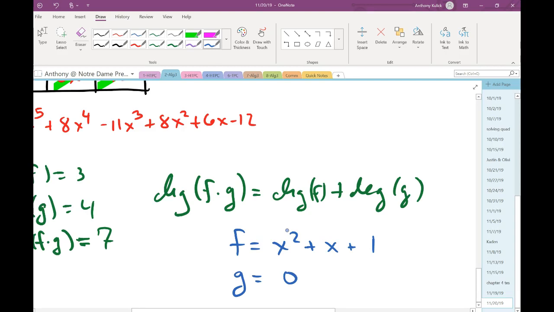That's the only way it would fail, if one of the two were 0, which is not super interesting, because 0 times anything is just 0. But those little counterexamples of when this rule might fail are important. Okay. I think that's good for today, guys.